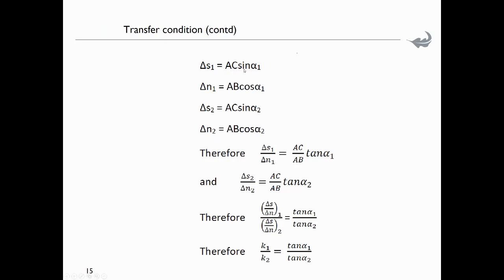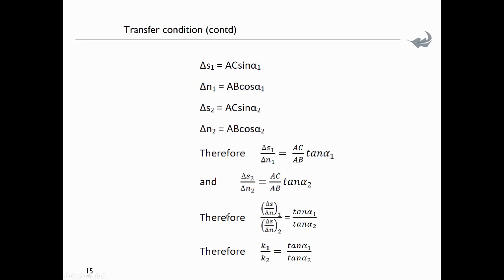So delta S1 is AC times sin alpha 1, delta N1 is AB times cos alpha 1, and similarly for S2 and N2. So therefore delta S1 over delta N1 equals AC over AB tan alpha 1, and delta S2 over delta N2 equals AC over AB tan alpha 2.